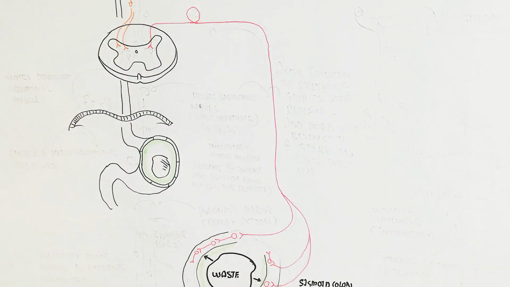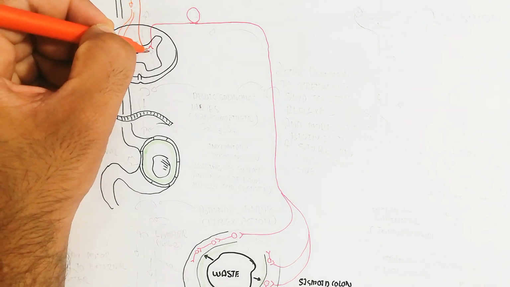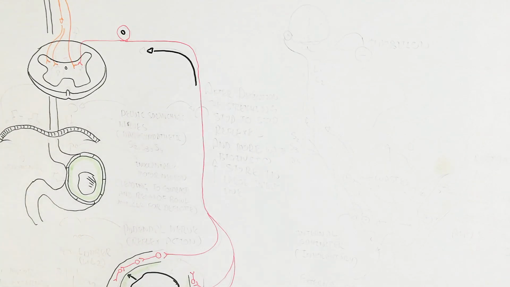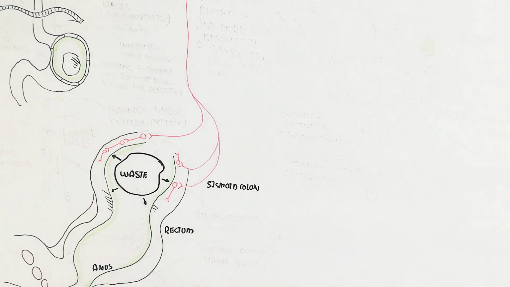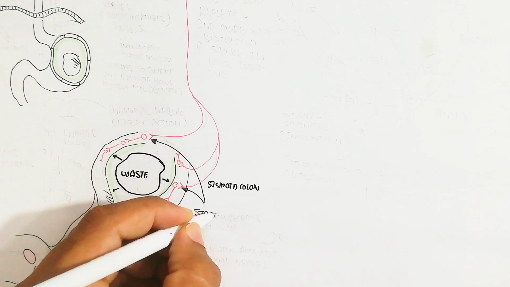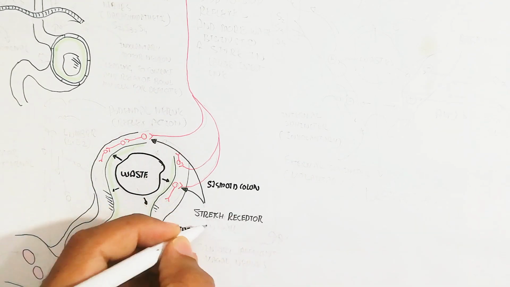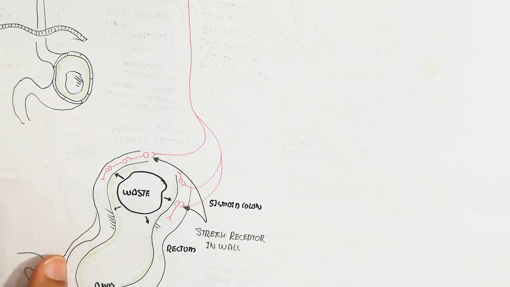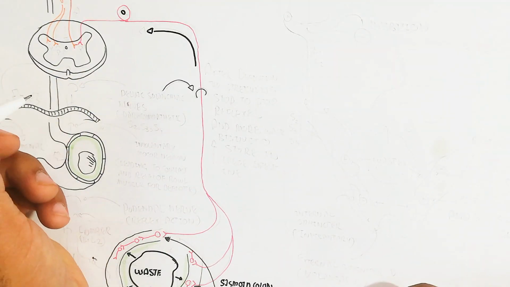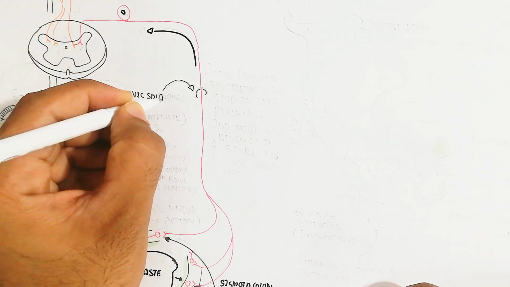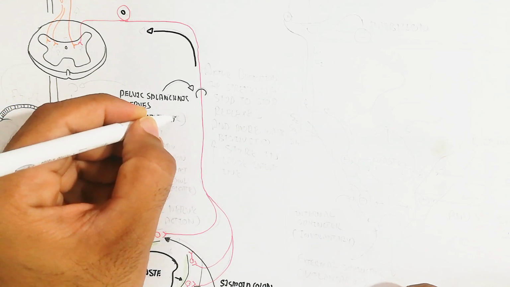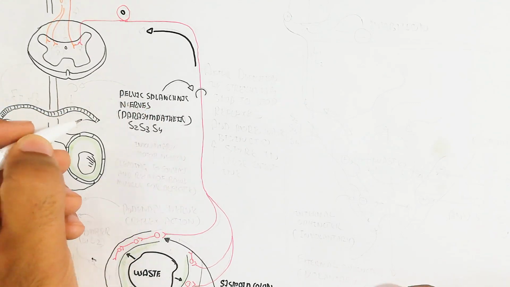First they go into the spinal cord, and then ascend. This is the ascending afferent neuron. In this way the stretch receptors in the wall of the gut transmit the signal. This is the pelvic splanchnic nerve, the parasympathetic sacral 2, sacral 3 and sacral 4.